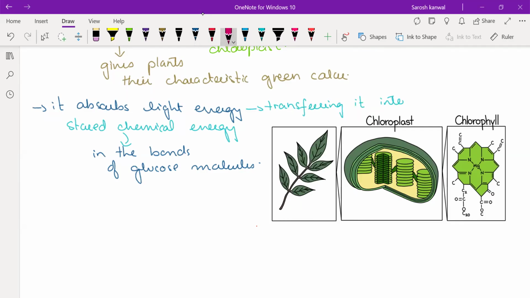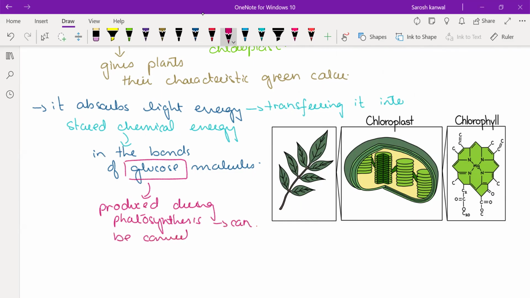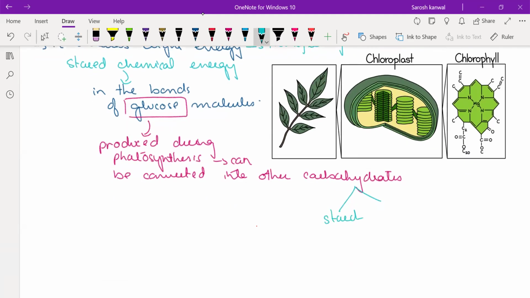And then we know that this glucose that is produced during photosynthesis can be converted into other carbohydrates, and those carbohydrates could be either starch or sucrose, right?